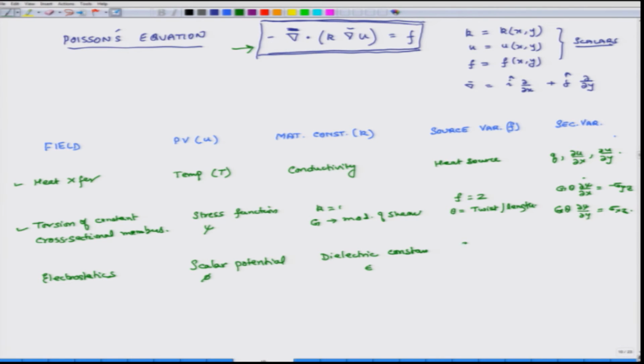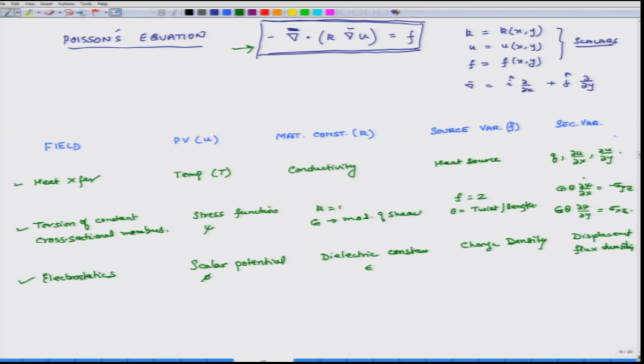This is charge density. And this is displacement flux density. So, this is from electrical engineering.